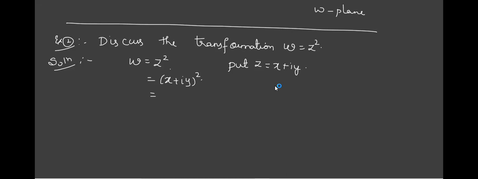(a plus b) the whole square. a square, and if I take iy the whole square, I get i square y square, plus 2ixy. This is nothing but x square, and i square is minus 1. So x square minus y square plus i times 2xy.